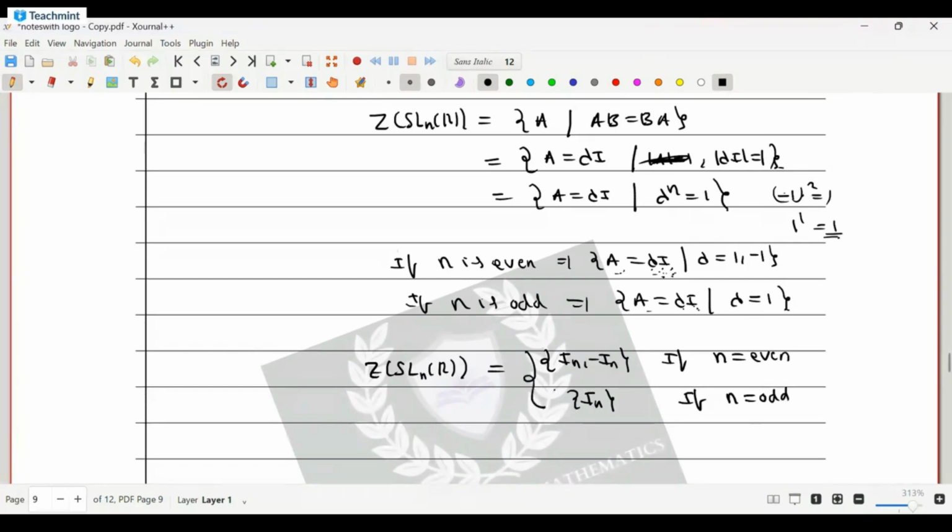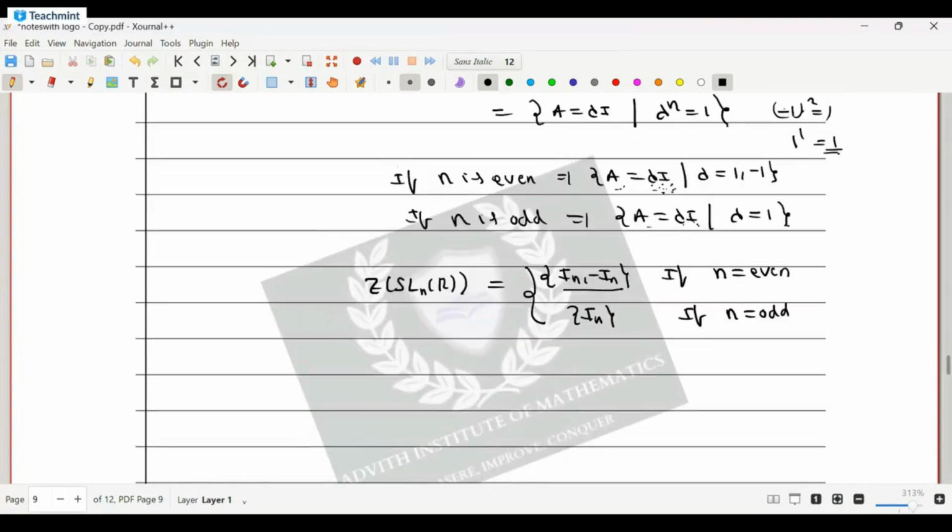So these are the center, and these two form a group, a subgroup of SLN of R. Each is its own self-inverse, the order of I is 1, the order of minus I is 2, sir. So which is isomorphic to Z2 if n is an even number, and isomorphic to Z1 if n is an odd number.